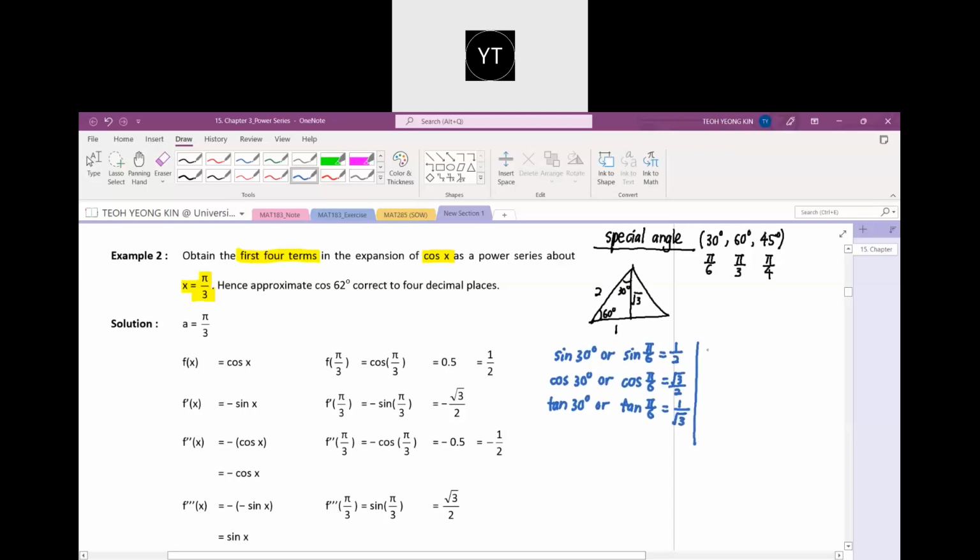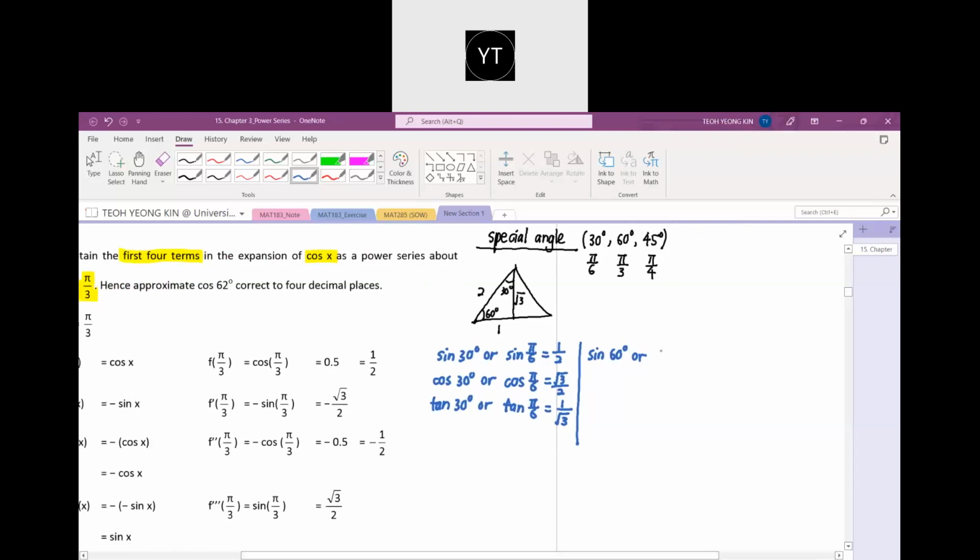Whereas for 60 degrees, sine 60 or sine pi over 3. Here is 60 degrees. Sine is opposite over hypotenuse, square root of 3 over 2.